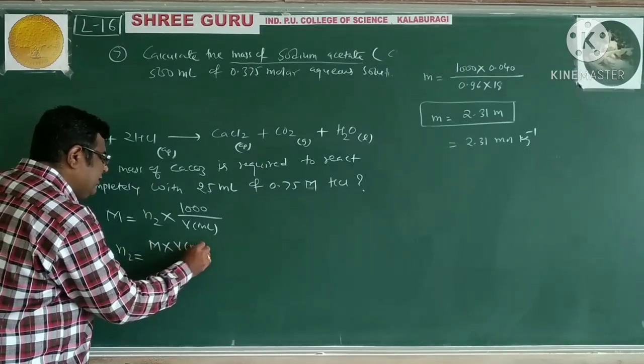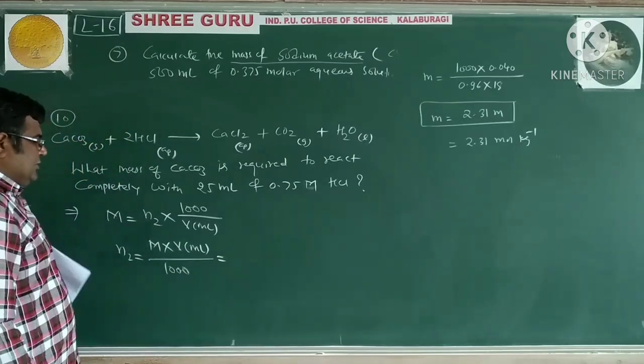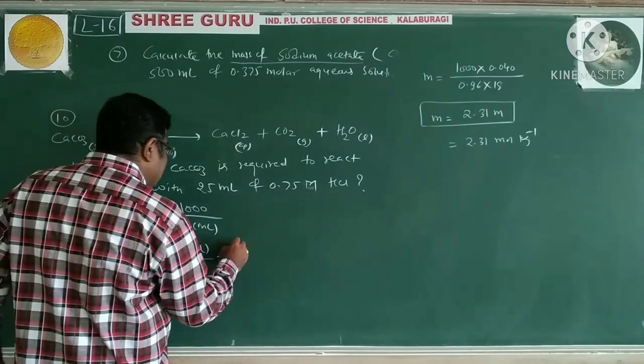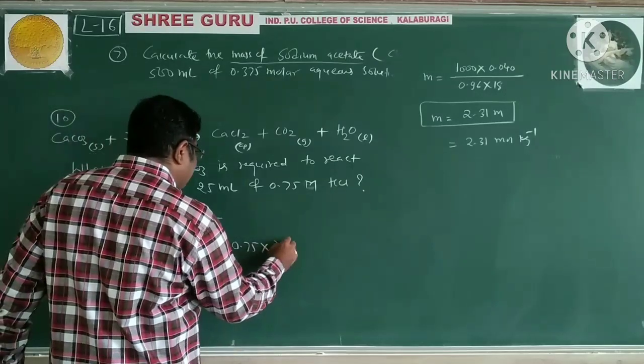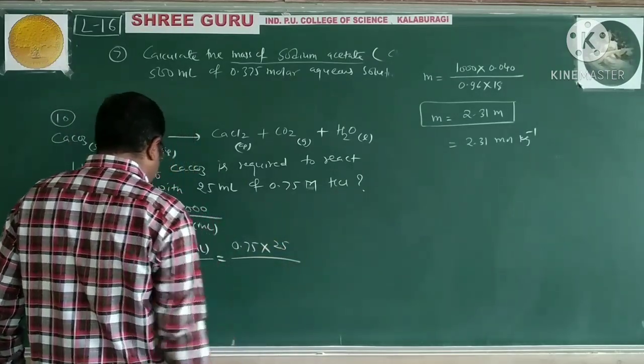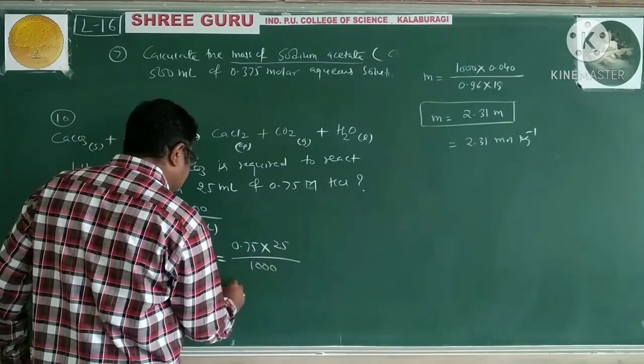So number of moles we have to calculate. Molarity into volume in milliliter divided by 1000. 0.75, milliliter is 25, divided by 1000.